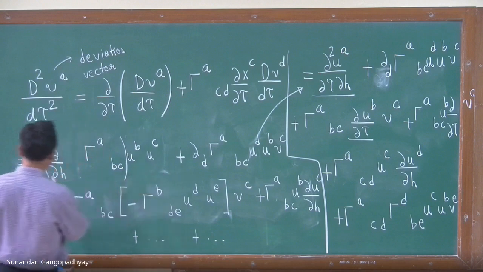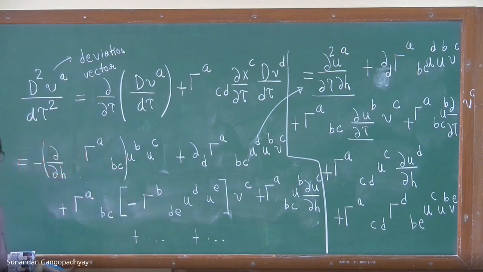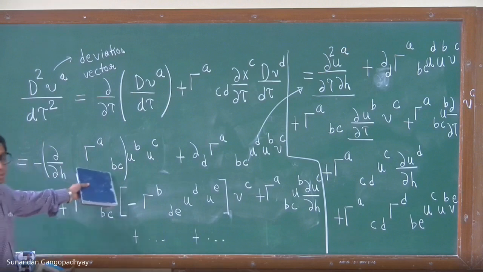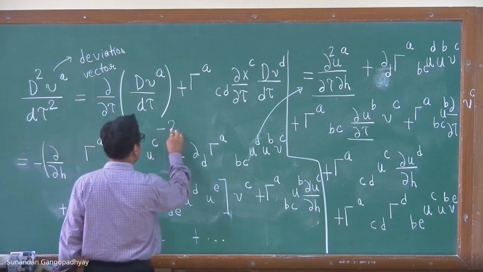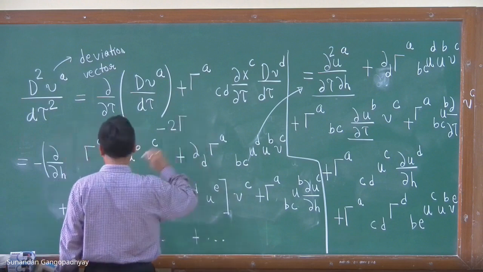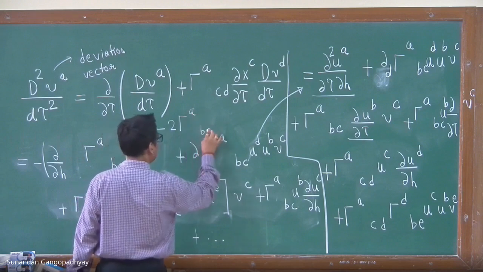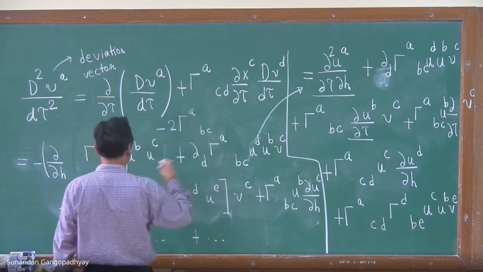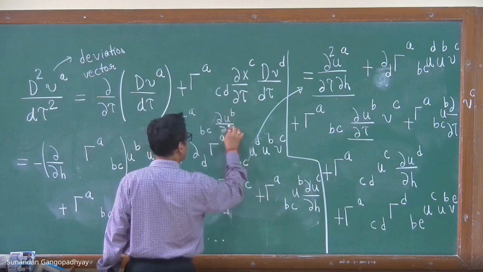And then the remaining you have two terms because they act on this and this. They add up because of this symmetry. They will cancel with another term, but let me just write it down. So we will have minus 2 gamma A BC UB del UC del H.